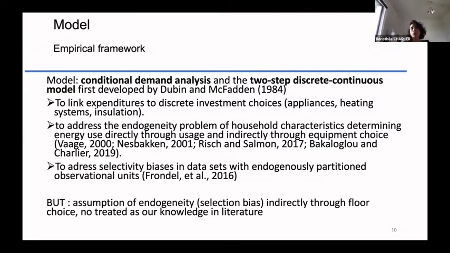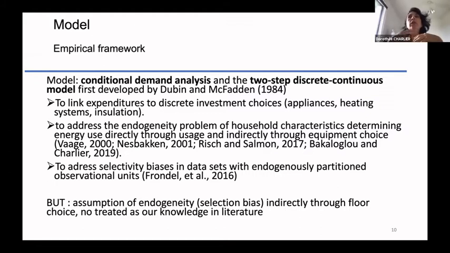So in order to consider these two sources of endogeneity, I will use a conditional demand analysis framework, that is to say a type of two-stage discrete-continuous choice model. I consider there is selection in the first step: the selection of the type of floor and the type of equipment.